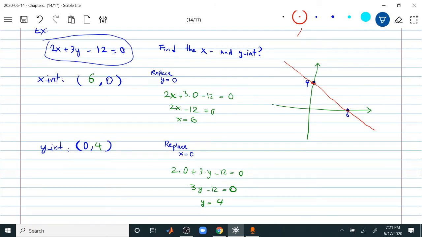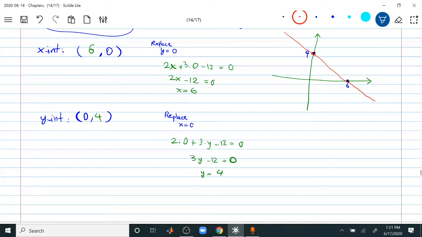Normally there are 2 of them, but sometimes you have only one solution if you're passing through the origin. Then you need to find another solution besides that. If you find the x and y intercept and there are 2 different values, then you can graph the line simply by connecting those 2 points. It's not always true.